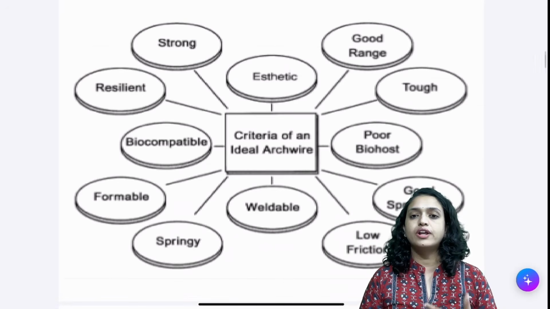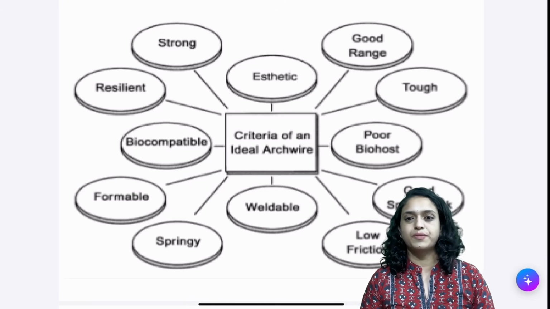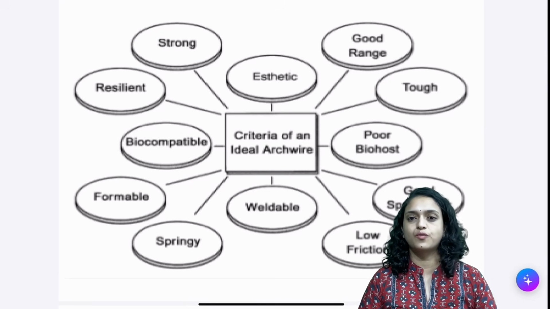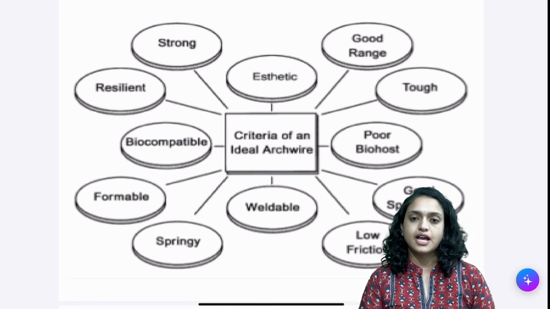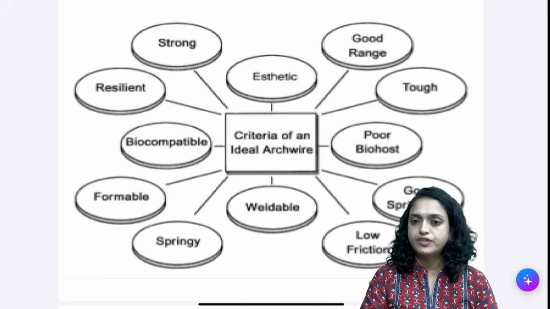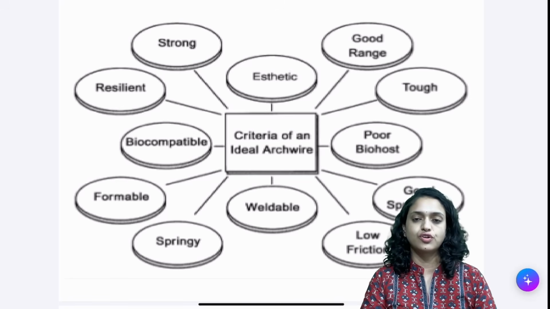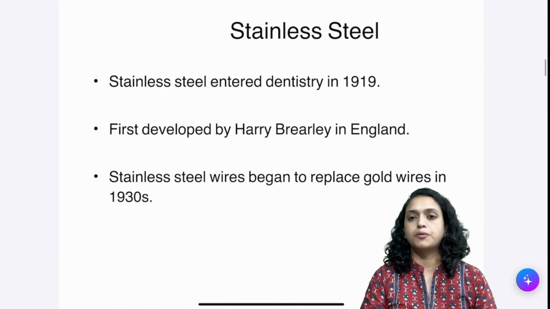In this presentation, we are going to discuss one of the most important materials used in orthodontic treatment, which is stainless steel. Stainless steel has been used in a multitude of ways in orthodontic treatment.